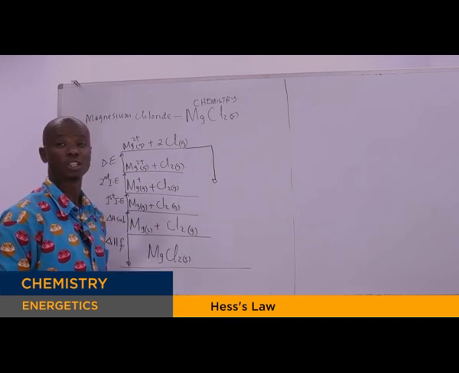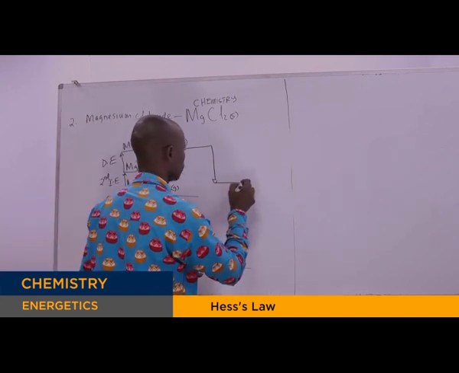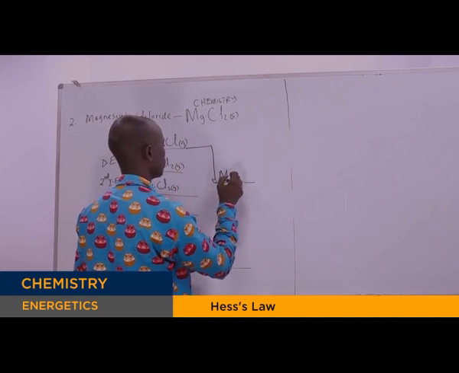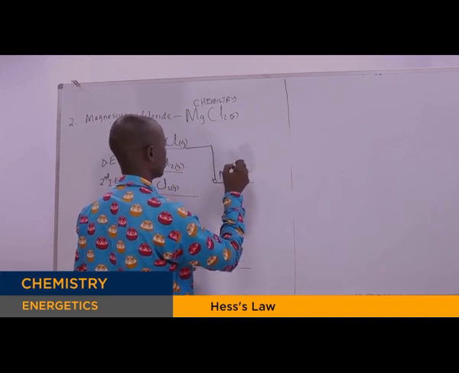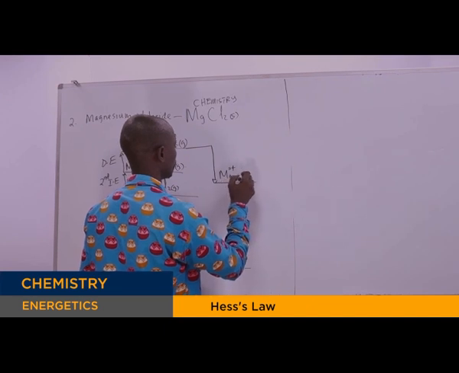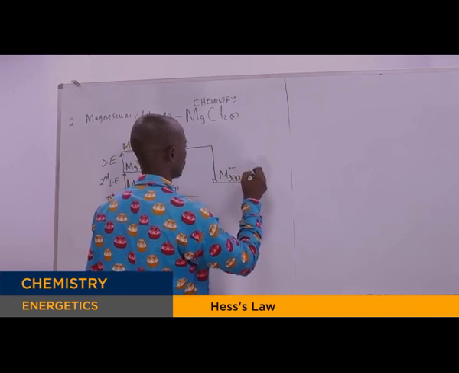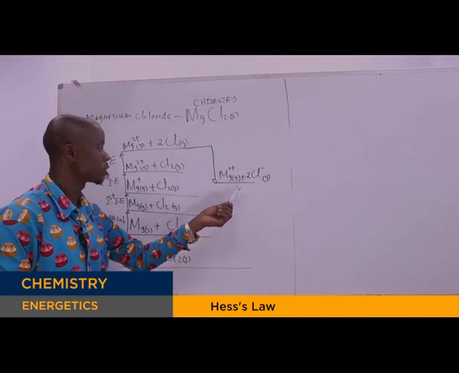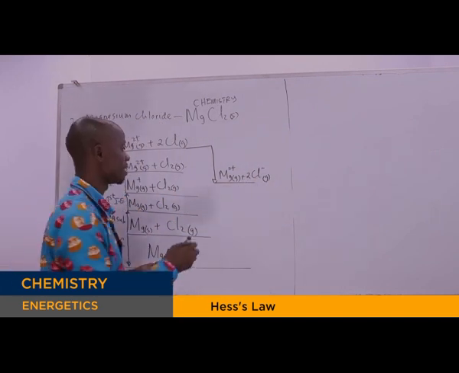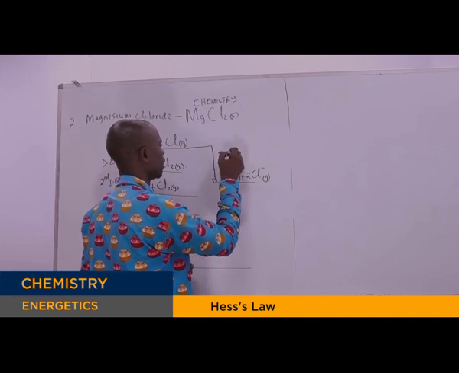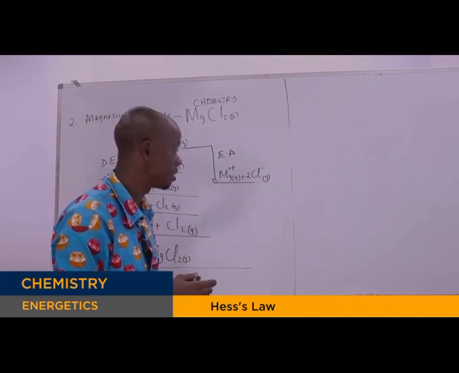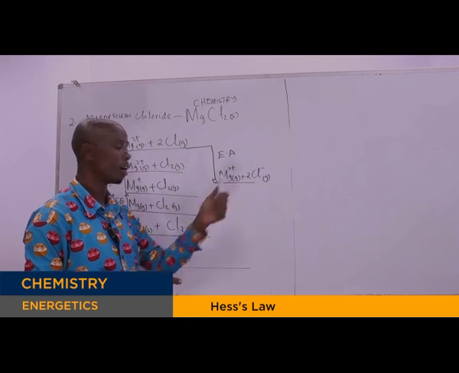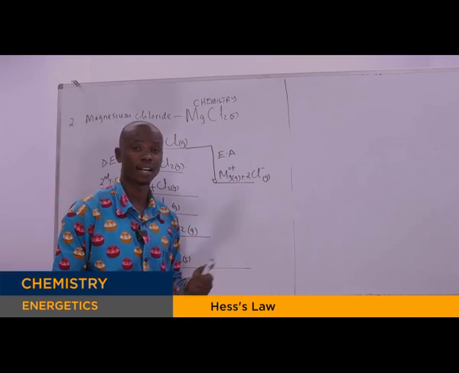That's why the arrow points downward. Now, this process of gaining an electron is electron affinity.